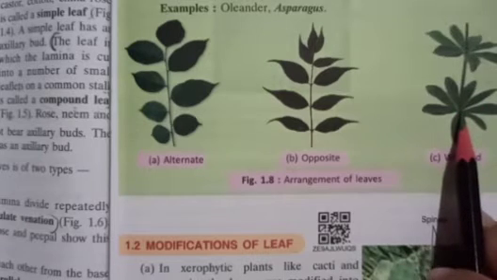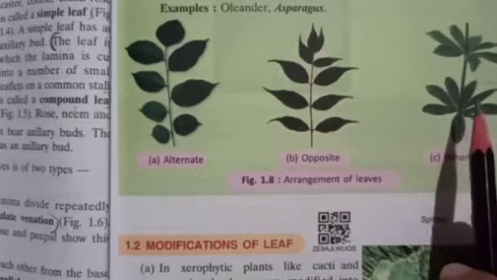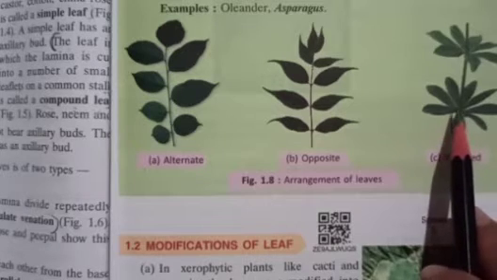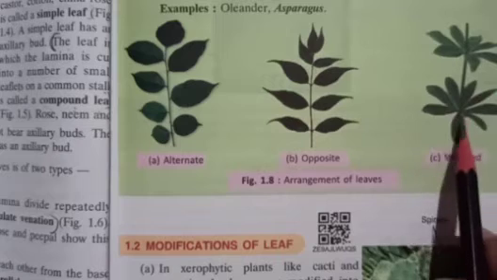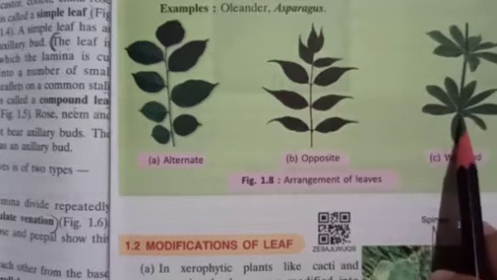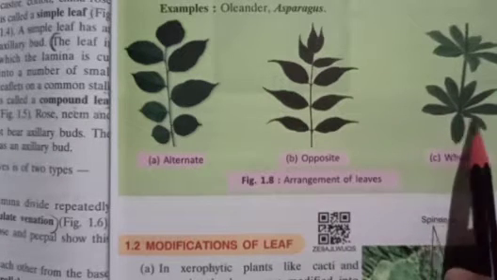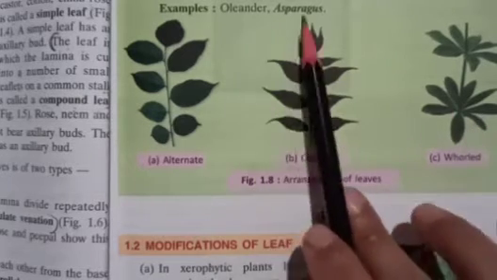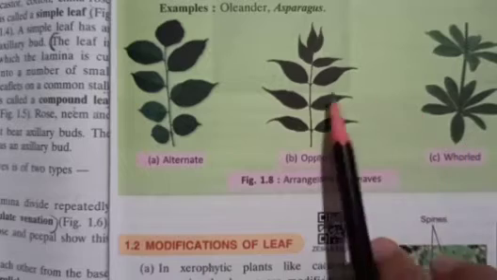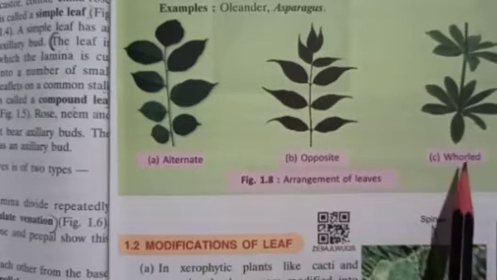They are arising from the same node. So this is whorl or circle. This type of phyllotaxy is known as whorled phyllotaxy, and the examples are oleander and asparagus. Okay, so this is all about types of phyllotaxy.